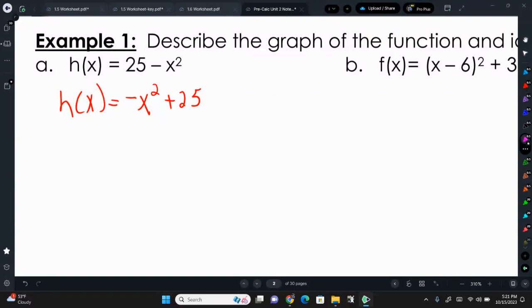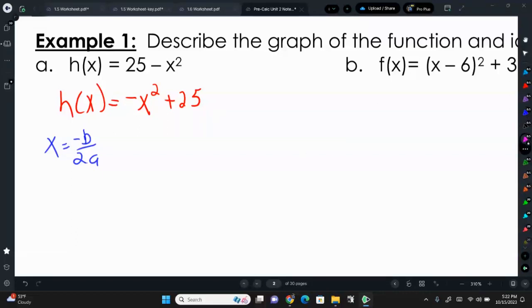You could say, well, this is in vertex form, it's just we don't have parentheses, so the x-coordinate of the vertex is 0, and the y-coordinate would be 25. But if that doesn't work for you, remember you can always do x equals negative b over 2a, because this is also in general form.